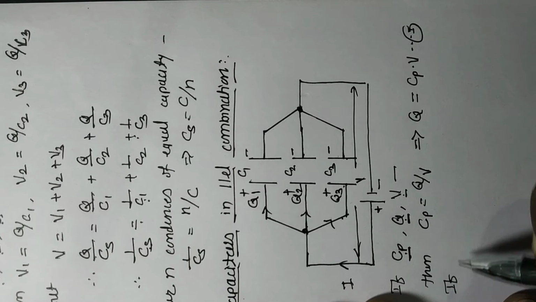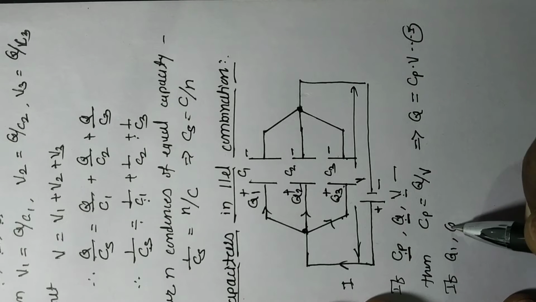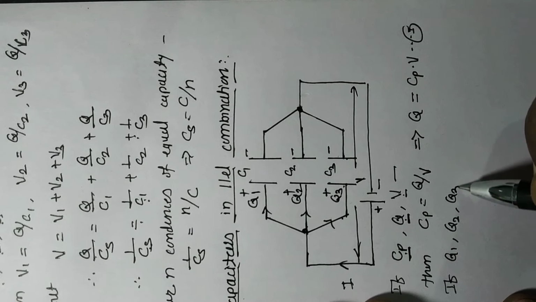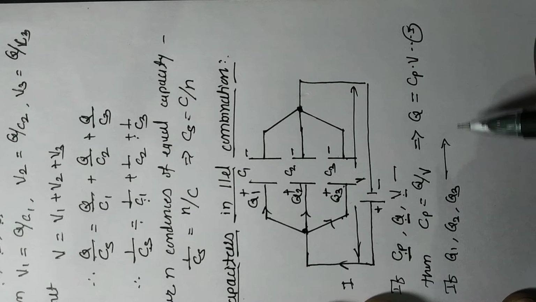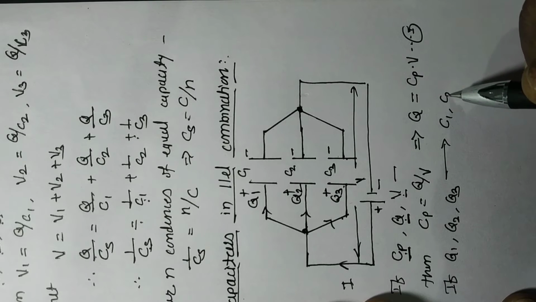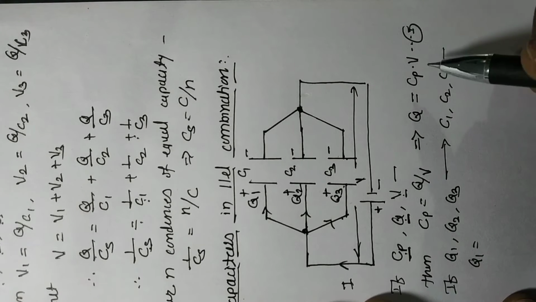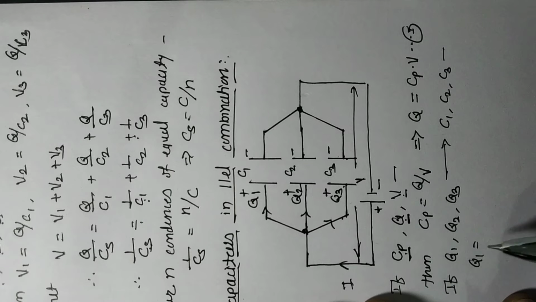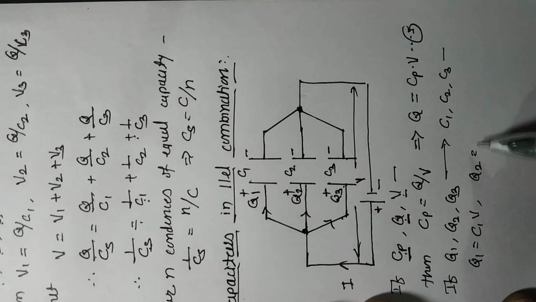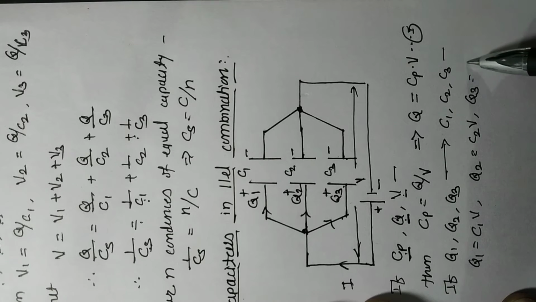Suppose Q1, Q2, Q3 are charges on capacitors C1, C2, C3 respectively. Then Q1 is equal to capacitance into potential, that is C1 Phi, Q2 is equal to C2 Phi, Q3 is equal to C3 Phi.